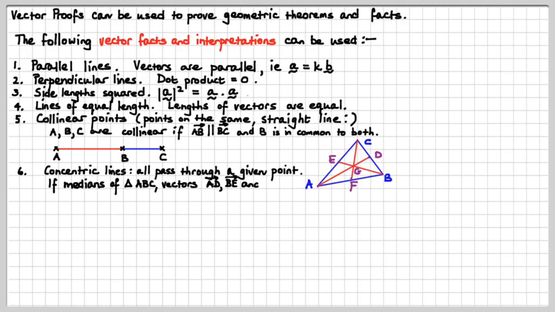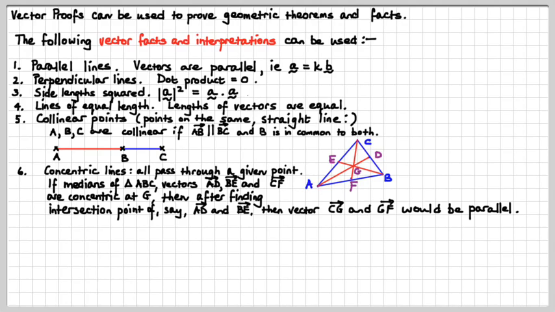So that means, as I've said there, for the medians of ABC, the vectors AD, BE, and CF are concurrent at G. After finding the intersection point of, say, AD and BE, then what would you do?